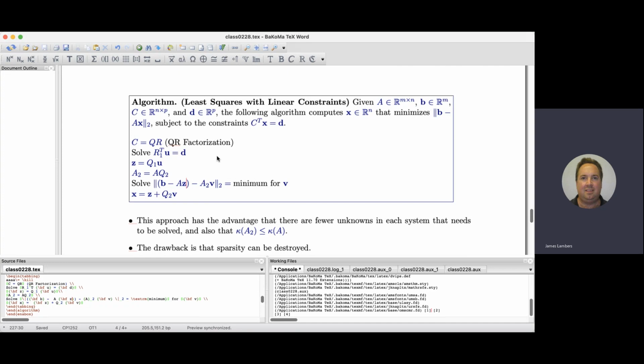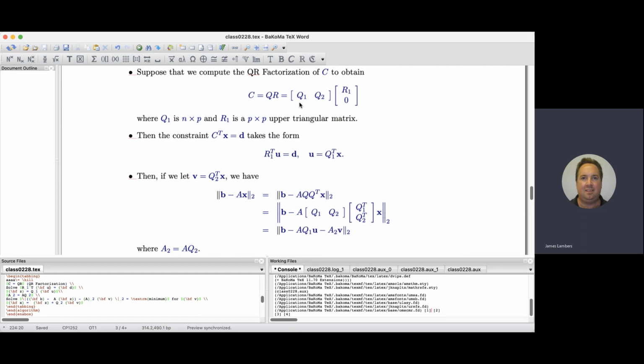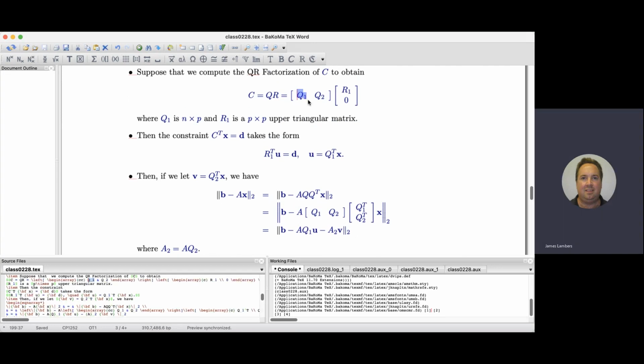So what happens in this case is, if we look at the size of the problem each step of the way, here I'm solving a system of equations involving p unknowns. So that's a smaller system than what we had before of Lagrange multipliers. And then our decomposition here, Q1 is, C is n by p. Q1 is also n by p.